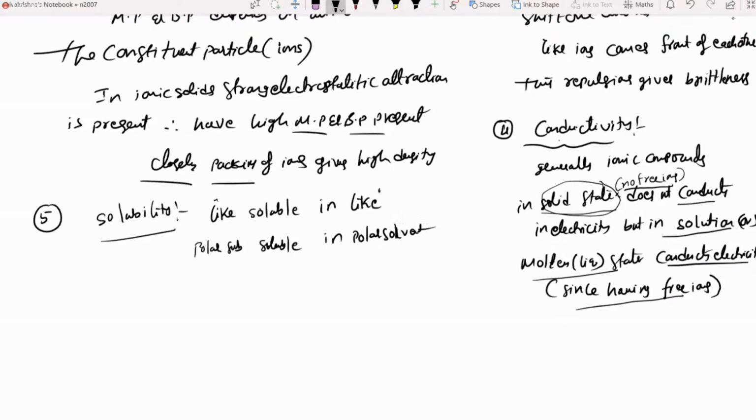Our ionic compound is a polar substance. Non-polar substances are soluble in non-polar solvents. Non-polar solvents mean like covalent compounds. Yes or no? So polar is soluble in polar, non-polar is soluble in non-polar.